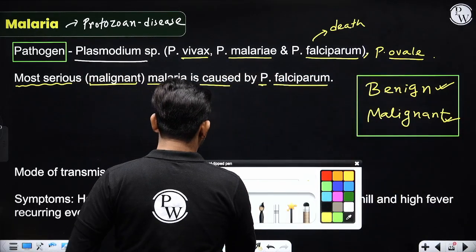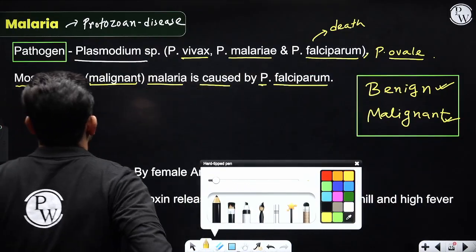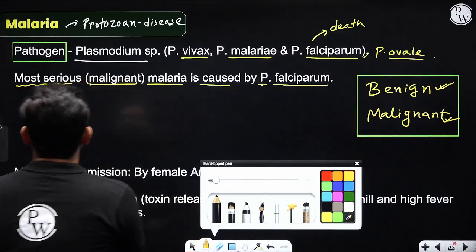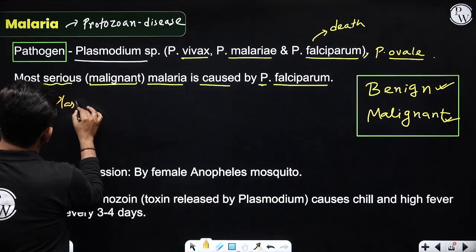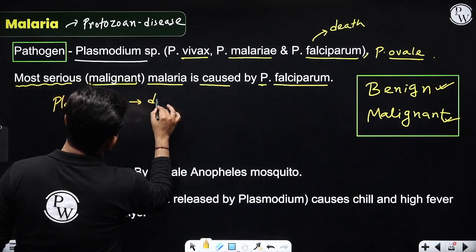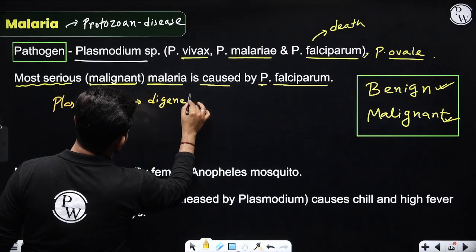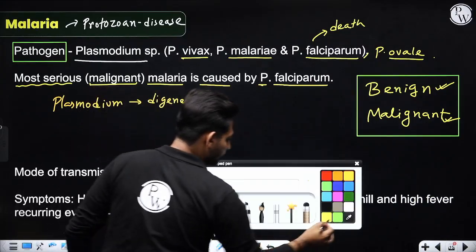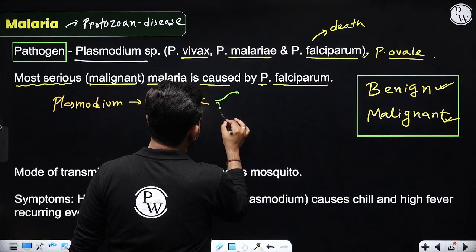So when I'm talking about the protozoa called Plasmodium, basically it's a digenetic parasite. It will attack two different hosts.